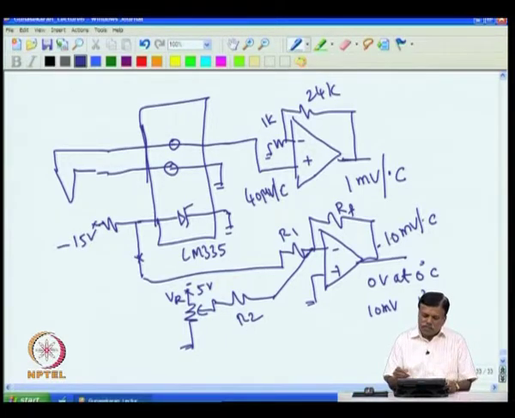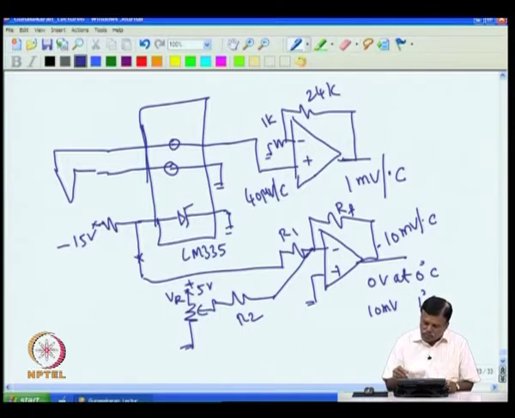So now what happens? The only thing is this is to be reversed. So I will make this plus 5 volt. This and this will be opposite. So I put plus here and here I put minus. So both are subtracting and become 0. So at 0 degree C it is minus 2.73. For example, if I put plus 2.73, then I will get 0. At 100 degree C it will go to minus 3.73, that will become plus 1 here, because this is kept only at 2.73.